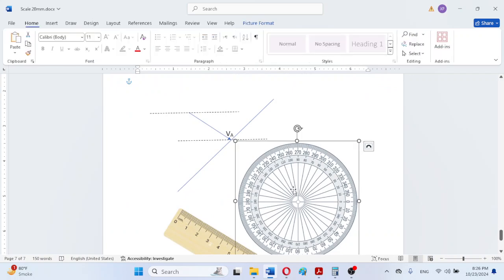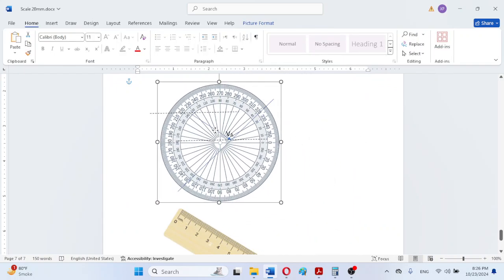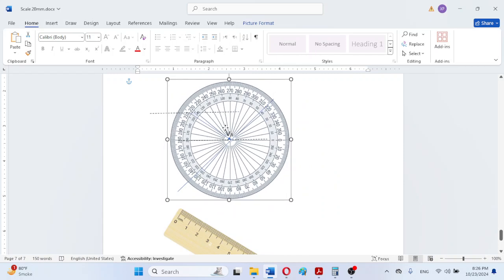We will first of all be moving this protractor and placing it here like this, and now we can observe that this is 10, 20, 30, 40, and this line must be along the 60-degree line.